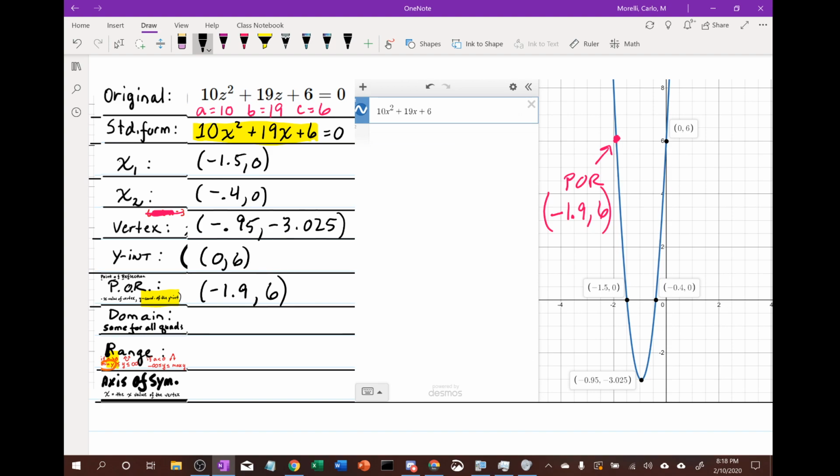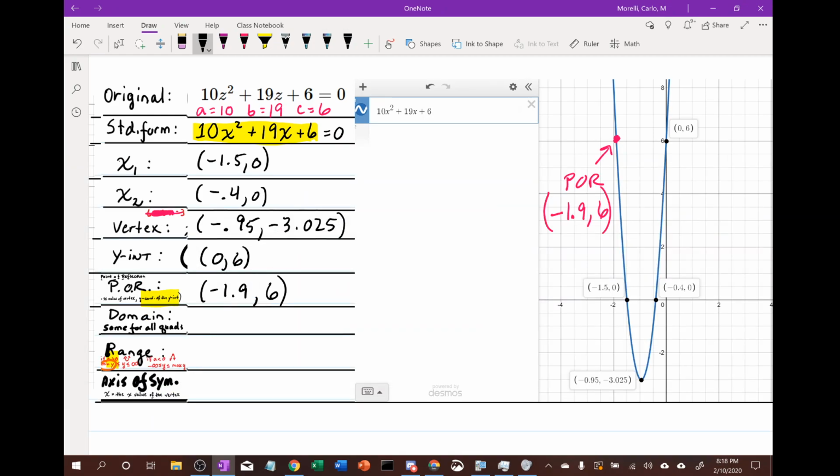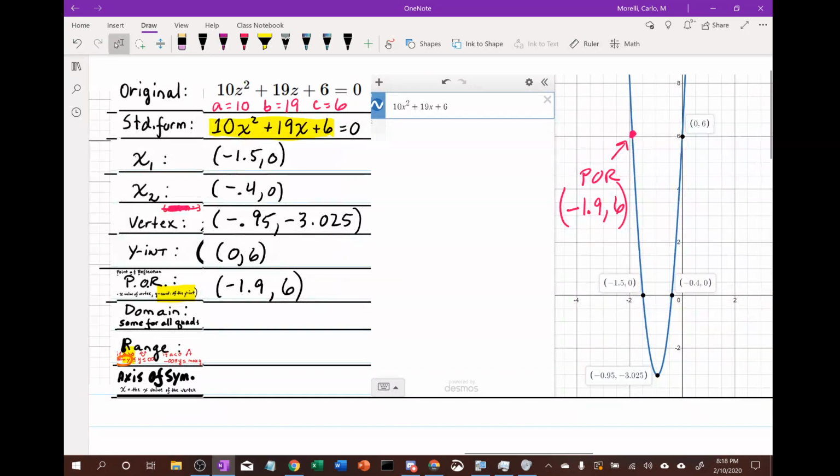What's the domain? We've been using this every time. I'm scared to get it wrong. Just try. Negative infinity.